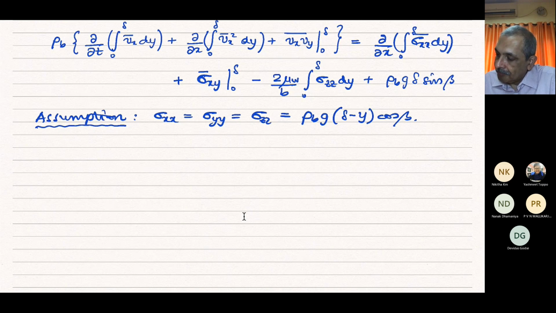Now sigma xx integrated over dy from 0 to delta, and sigma yy integrated over 0 to delta.